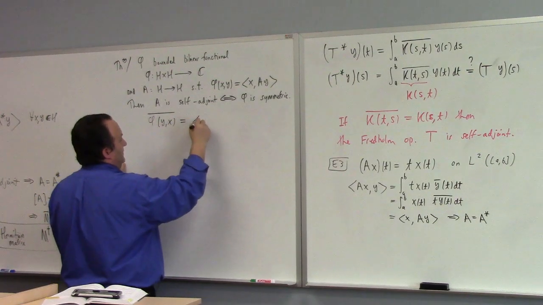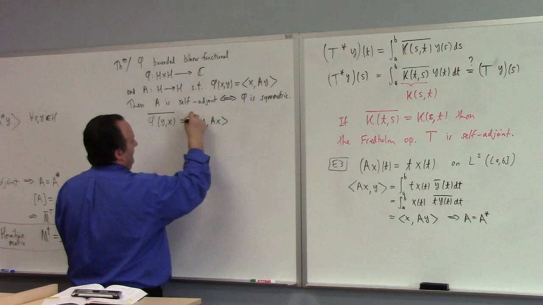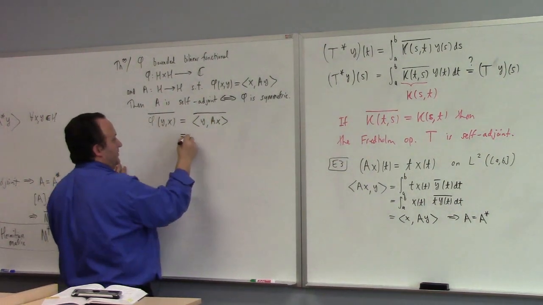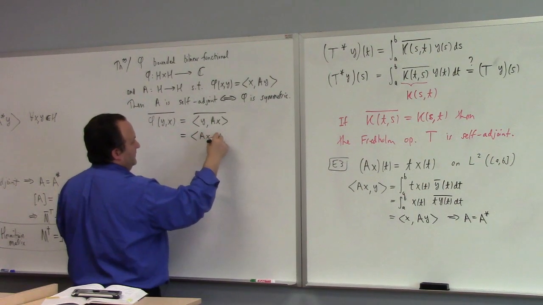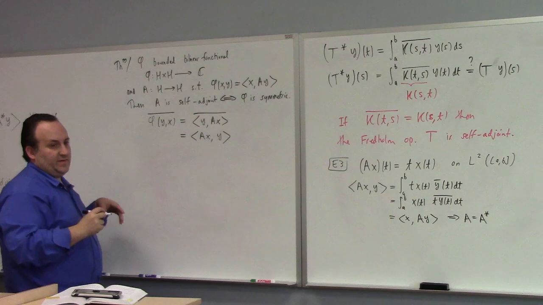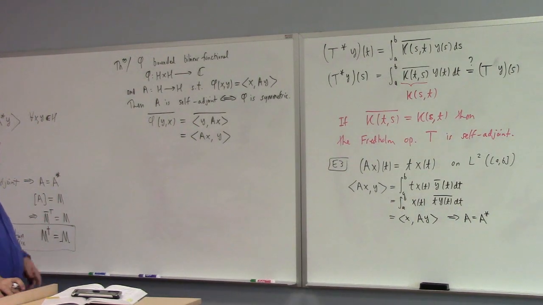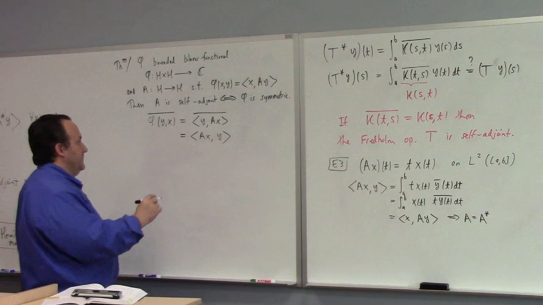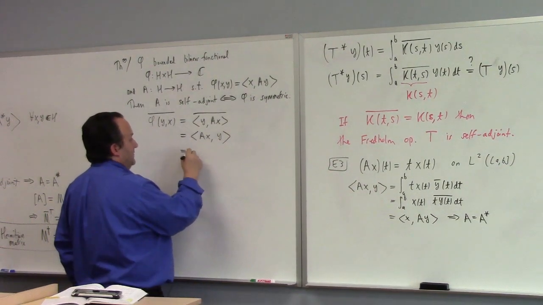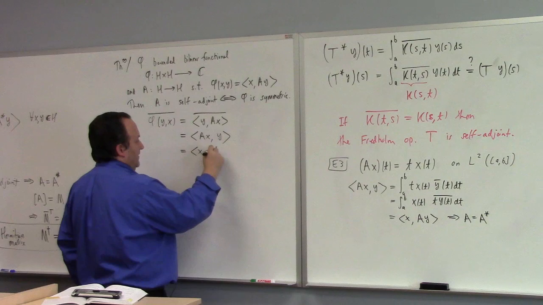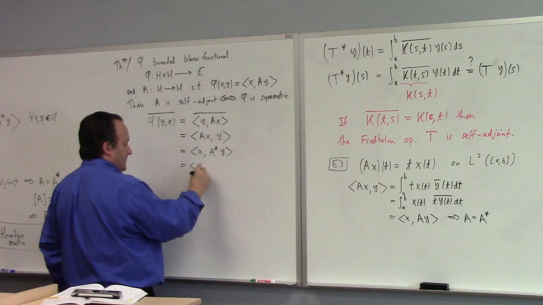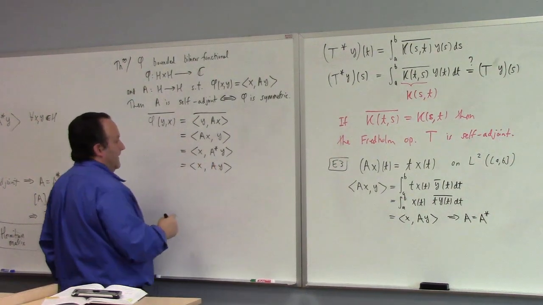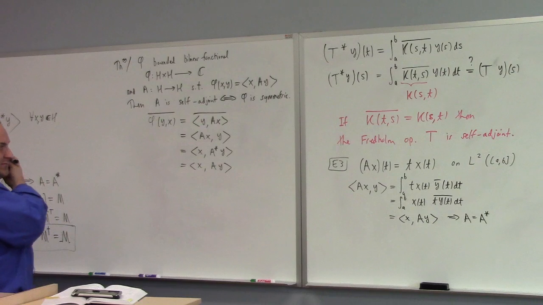So that would be the inner product of y with Ax, right? But that's equal to Ax, y, right? By the definition of the inner product. And then this is equal to x, Ay by the definition of the adjoint. And if it's self-adjoint, that's this, right?